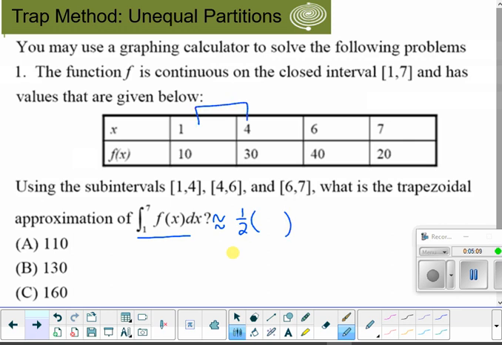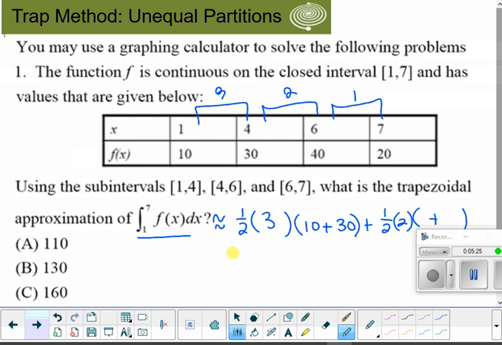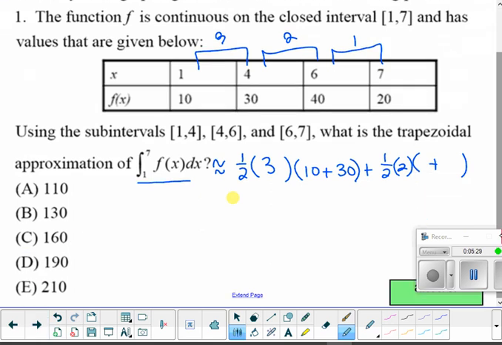Does delta x stay consistent here? Oh, no, it doesn't, does it? So we would have to individually work on the trapezoidal area calculation and move on to the next one and do left and right on that. So if you want to practice that one, see what you get for an answer. 160 is the answer.